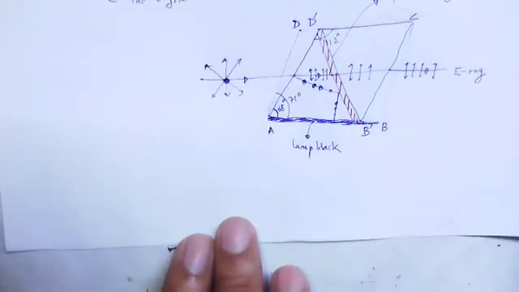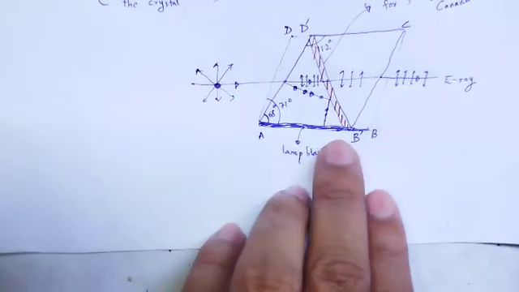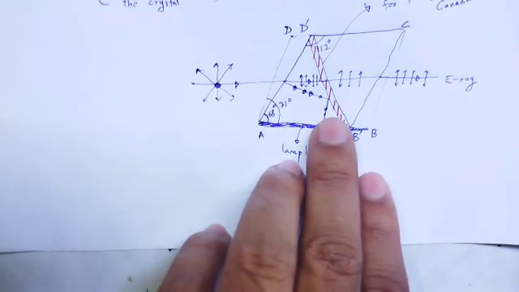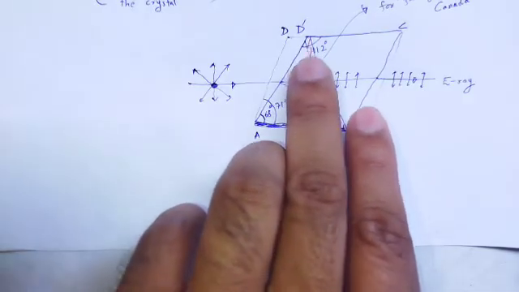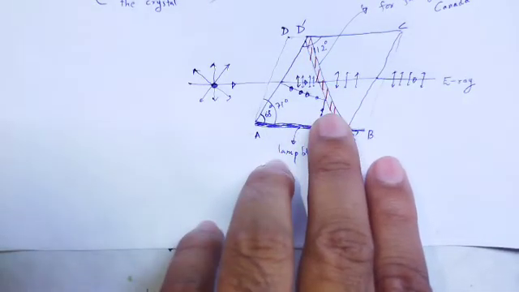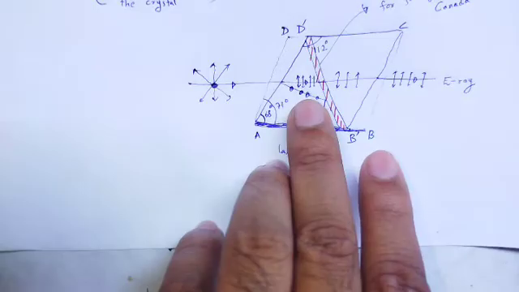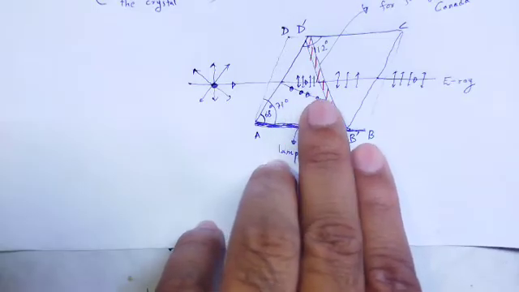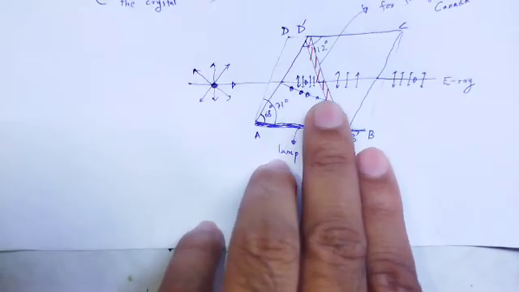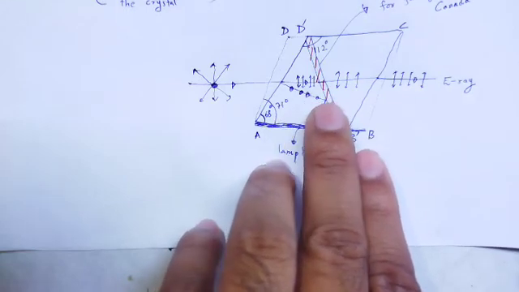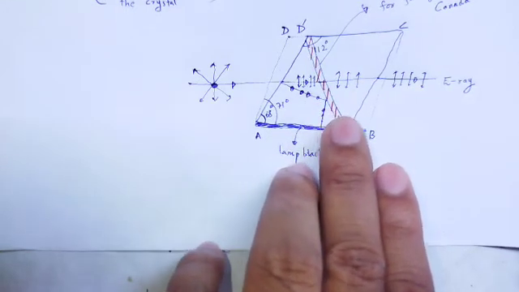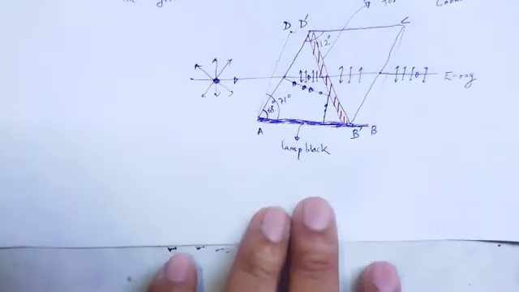Come to the figure. Since the O ray is denser than the Canada balsam, when a ray travels from a denser to a rarer medium and the angle of incidence is greater than the critical angle, then the phenomenon of total internal reflection holds good.